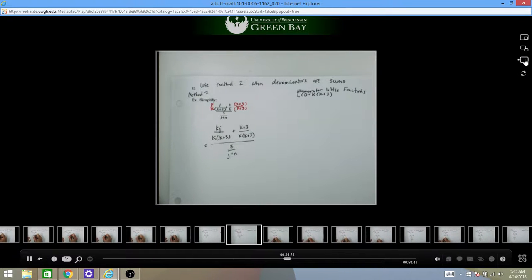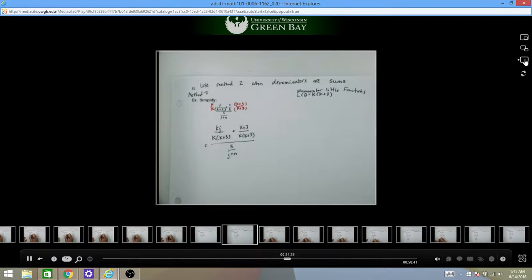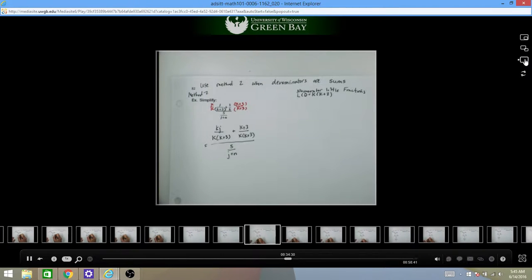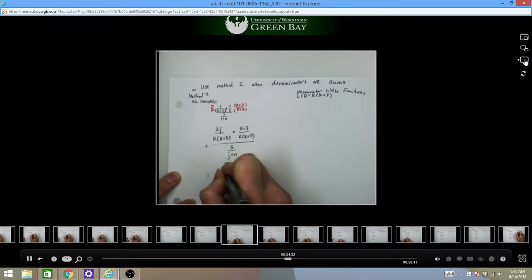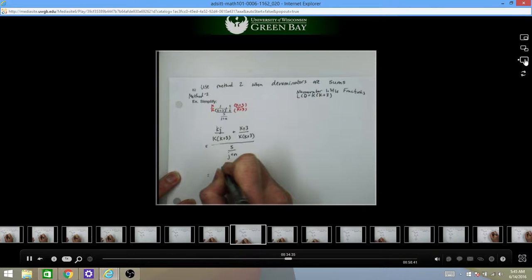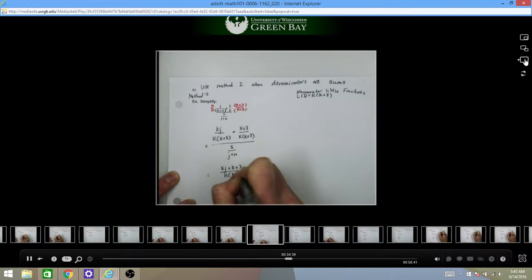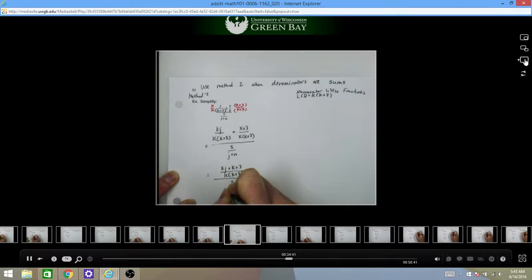Well, now the two little fractions on top have the same denominators, so you can add their numerators together. So you have kj plus k plus 3 over k times (k plus 3), all over 5 over j plus n.